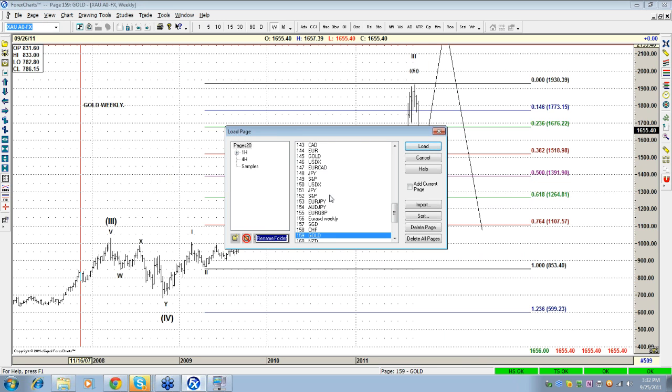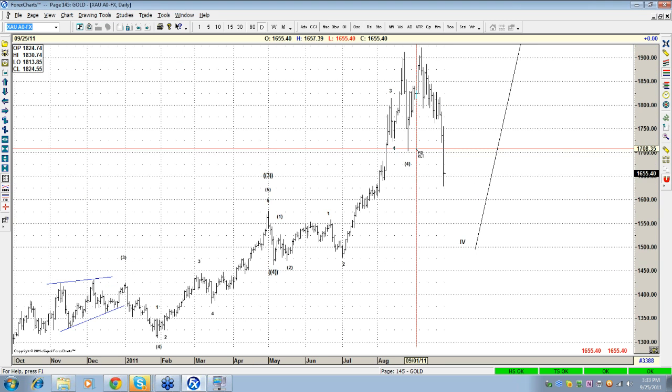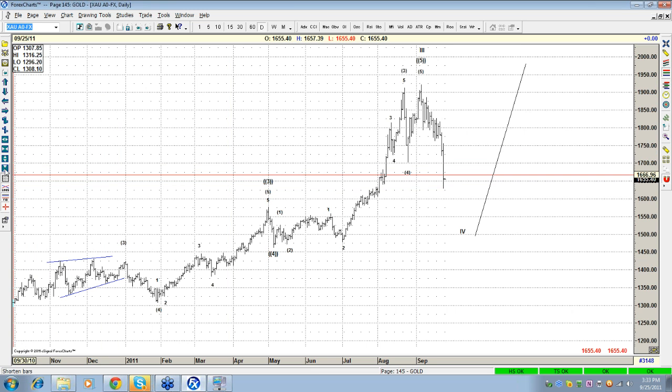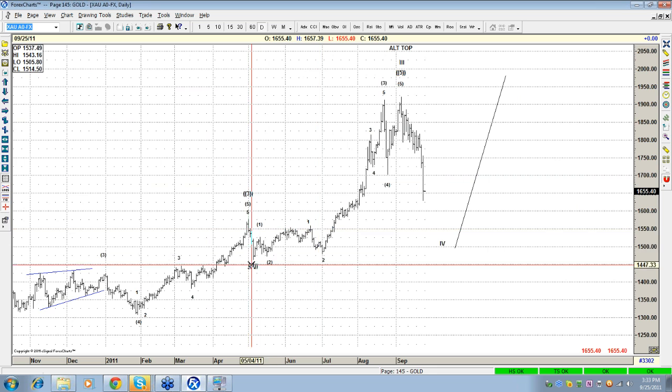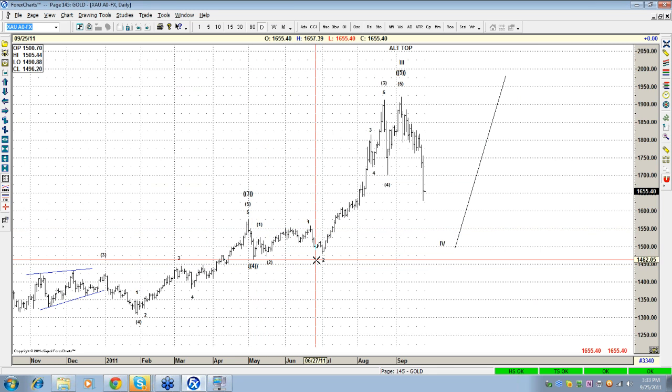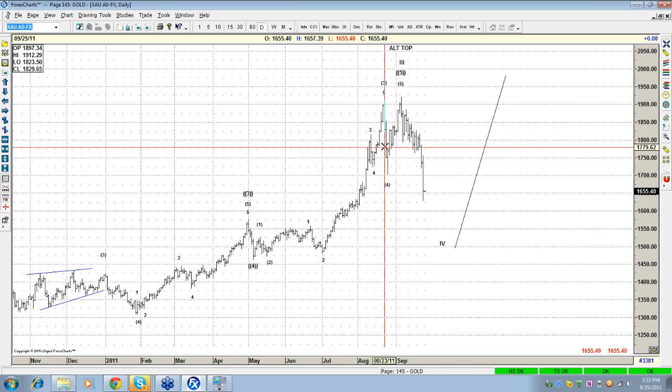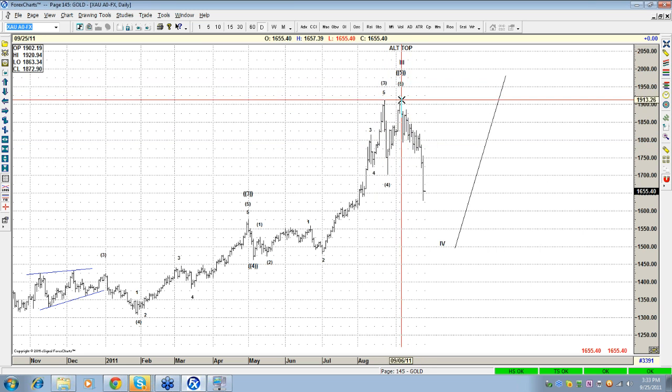If we take a look at the daily, but let me point something out to you guys. Go break the correlation of the safe haven that he was saying. Right here, what you got? 1, 2, 1, 2, 3, 4, 3, 4, and a 5.